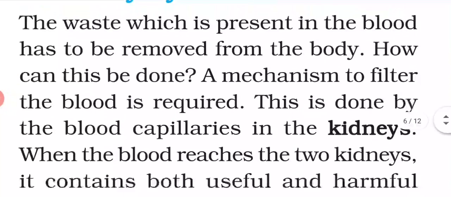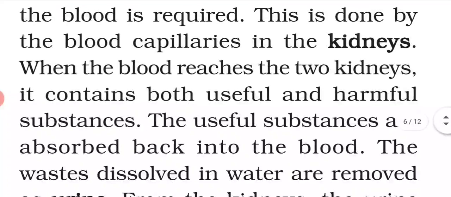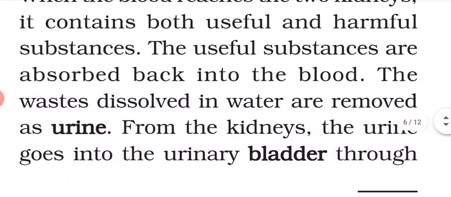When the blood reaches the kidney, it contains both useful as well as harmful substances. The useful substances are absorbed back into the blood, and the waste dissolved in water is removed in the form of urine.